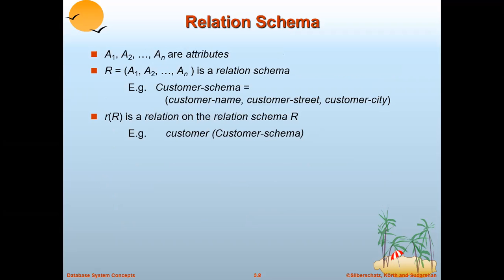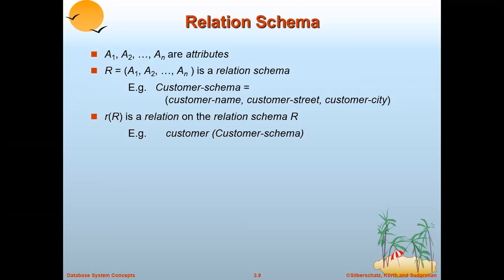Now we'll see the relational schema. Assume A1, A2, up to An are attributes. Then R equals A1, A2, up to An is a relational schema. For example, suppose customer schema is a relation which will have three attributes: first, A1, customer name; A2, customer street; and A3 or An, customer city.